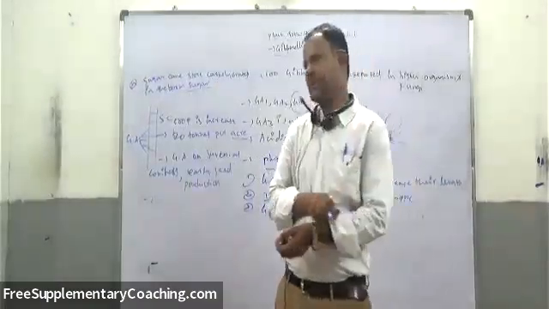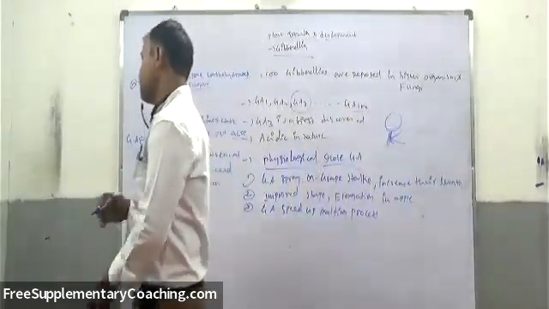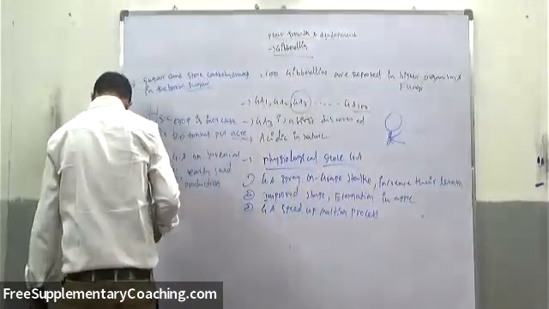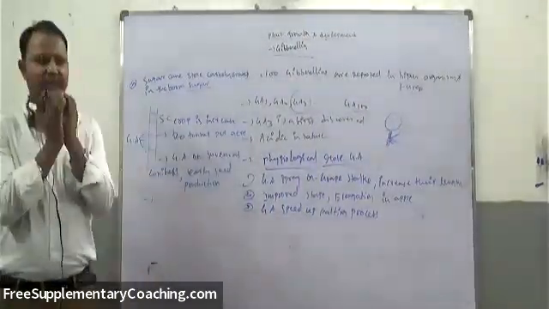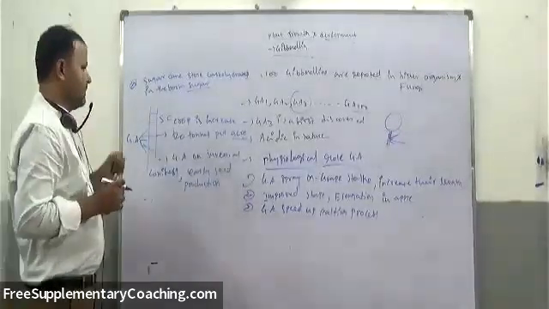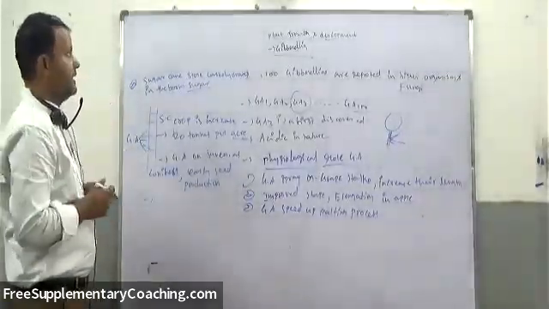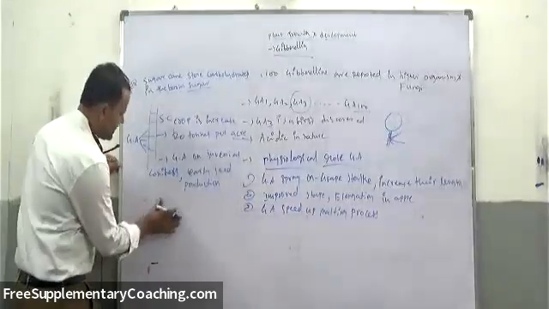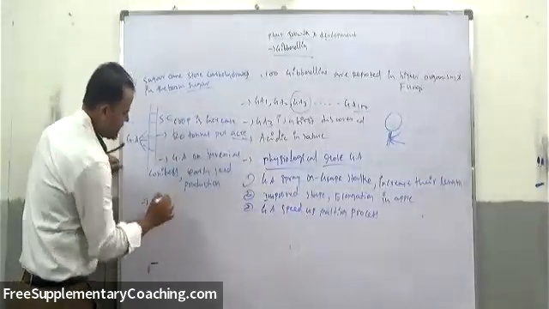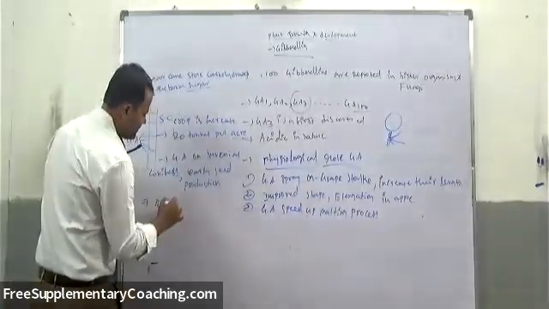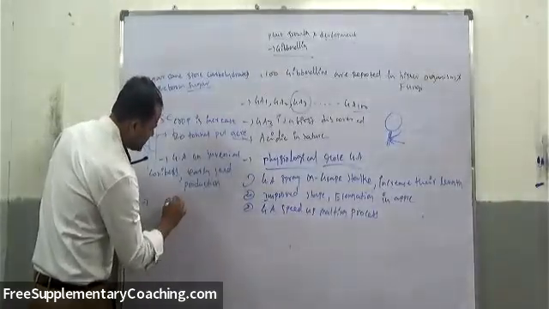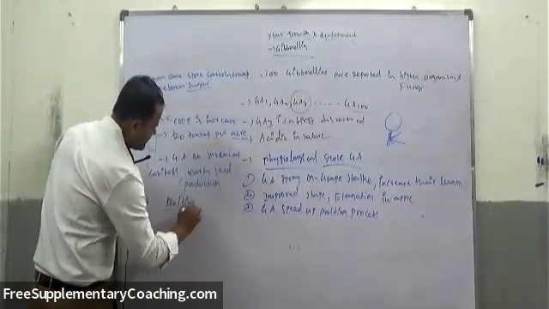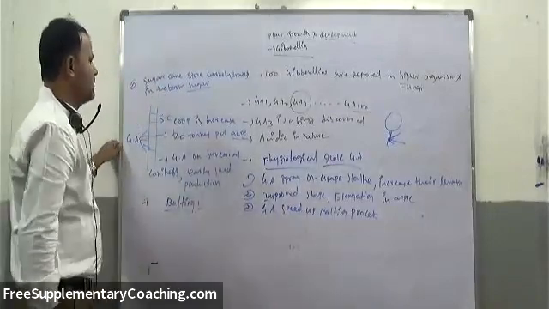The next one, gibberellic acid also helps in the bolting process. This is important, also for 2 marks. Bolting is mostly seen in plants with a rosette manner of leaves, meaning beet and cabbage. Gibberellic acid promotes the bolting process.